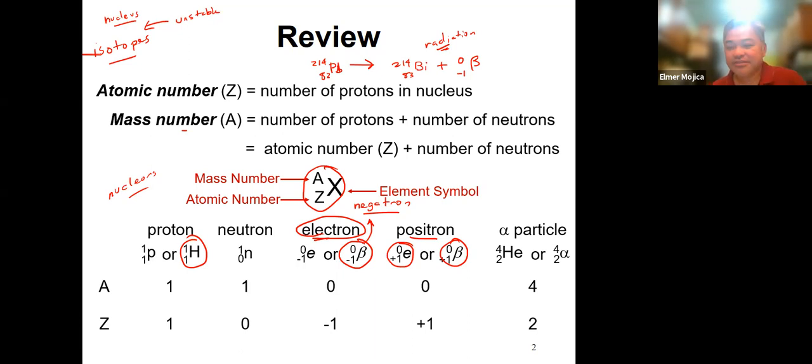And then another thing that is radioactive, aside from the beta particle, is the so-called alpha particle. Okay, and I think this is some of the most important types of radioactive particle, yung alpha particle, beta particle, ano pa nawala dito? What are the other radioactive particles, yung nag-ano kay Incredible Hulk?